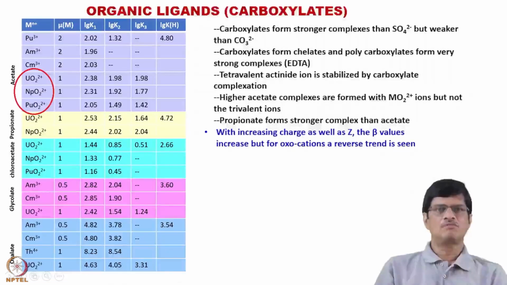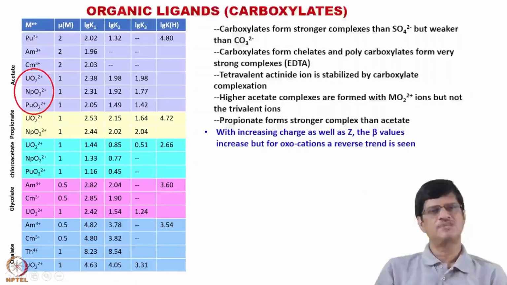Now coming to the glycolate, which has a hydroxyl group, the values for americium we can compare with that of the acetate ion. We see that the values are significantly higher, close to 1 order of magnitude higher for americium and curium.